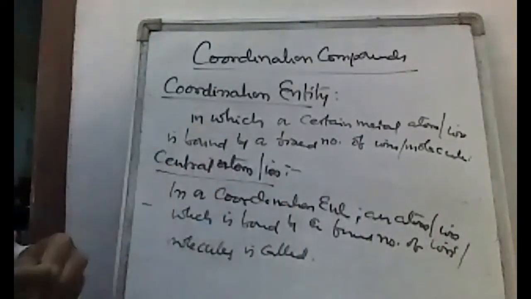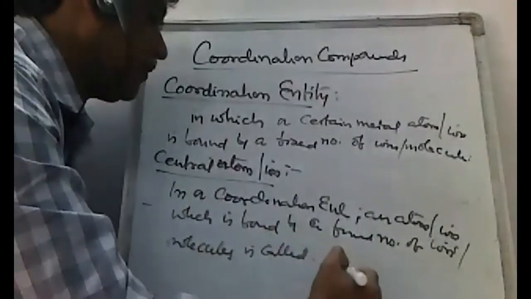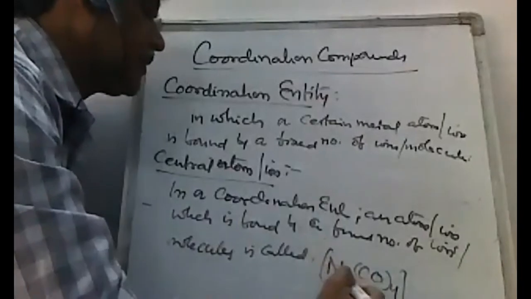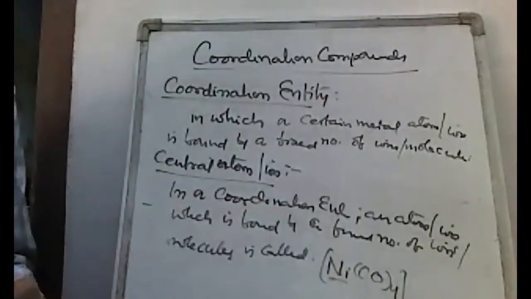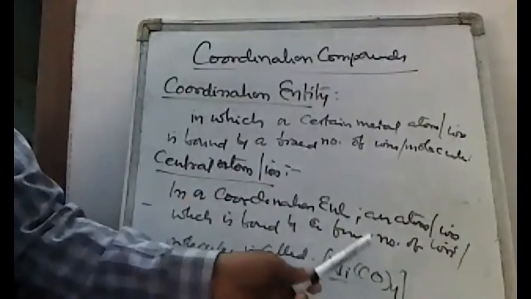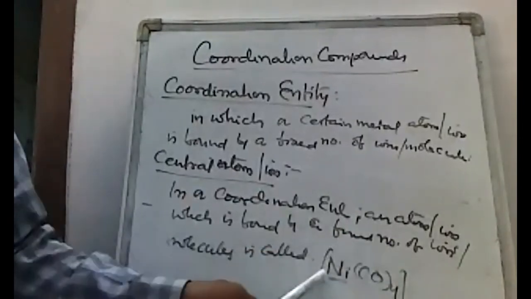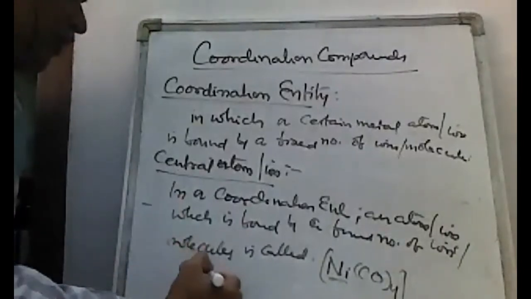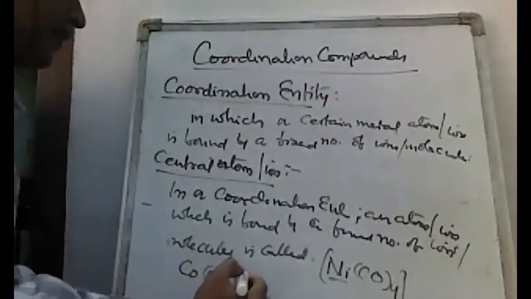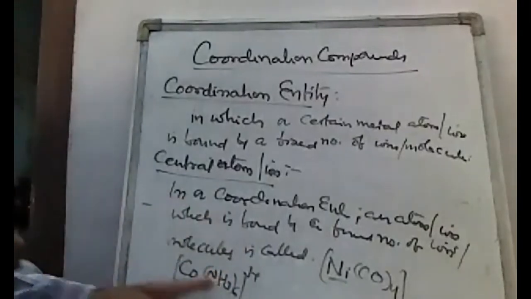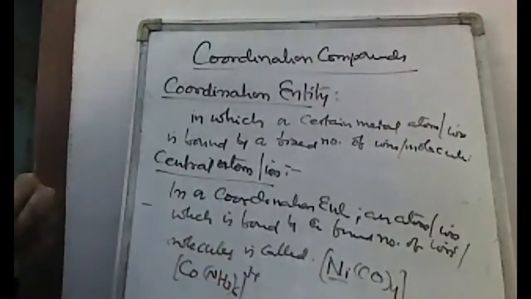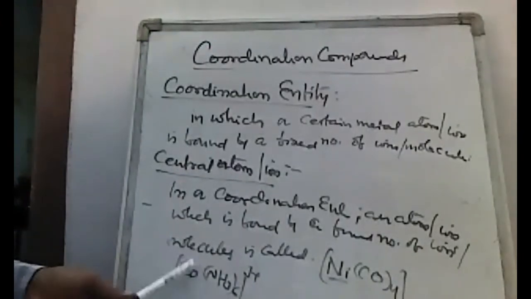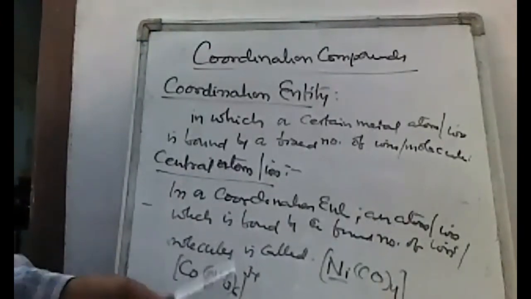Here, in the example we saw previously, Ni(CO)4, nickel is the central atom, which is bound by 4 CO molecules. Similarly, if you take [Co(NH3)6]3+, the cobalt ion is surrounded by 6 ammonia molecules.